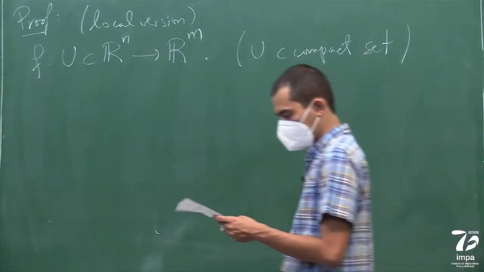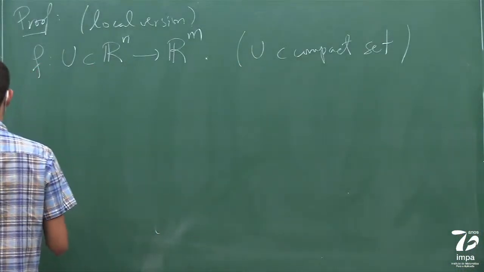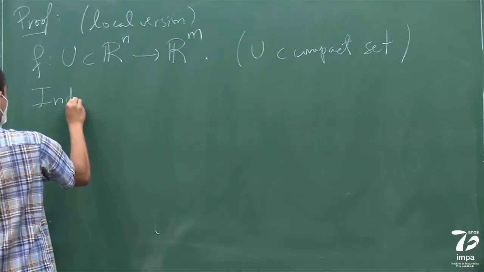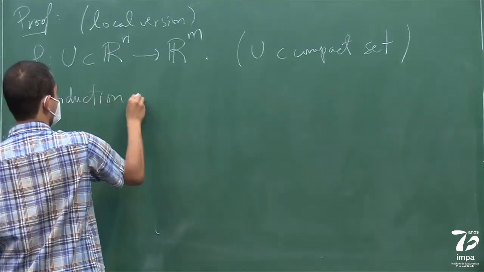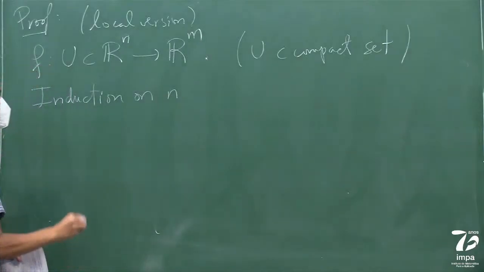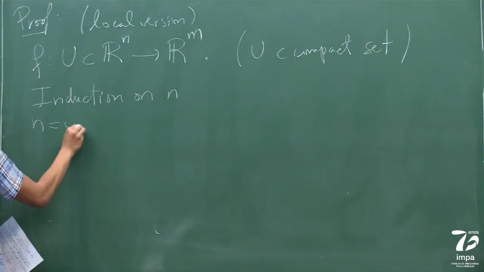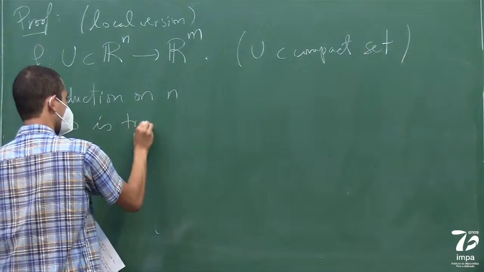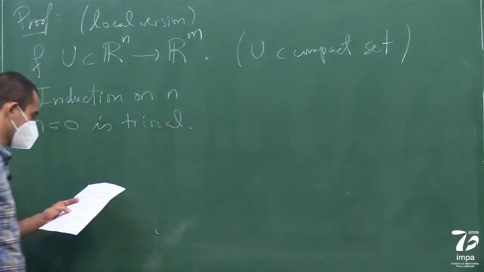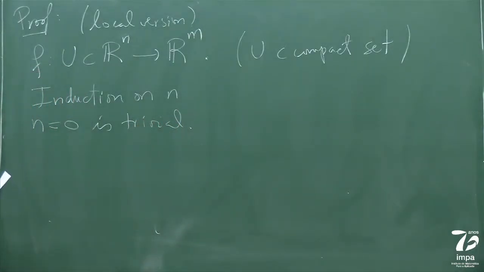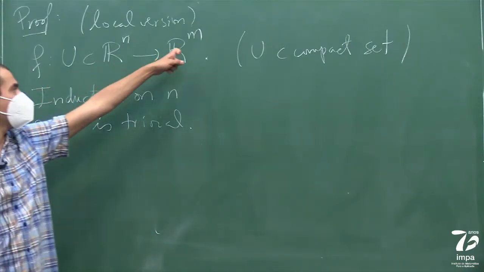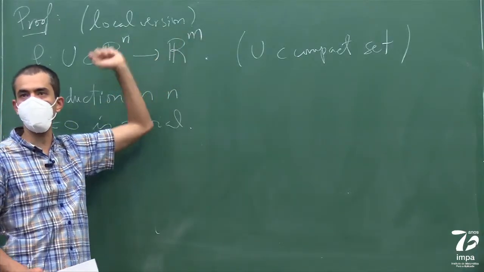All right, so now I'm going to apply induction. Induction on N. And as I said, the case that N equals 0 is trivial. So let's assume N is bigger than 0, and let's apply induction. So we're going to suppose that Sard's theorem is true for functions from Rn to Rm for every m, for a given n.